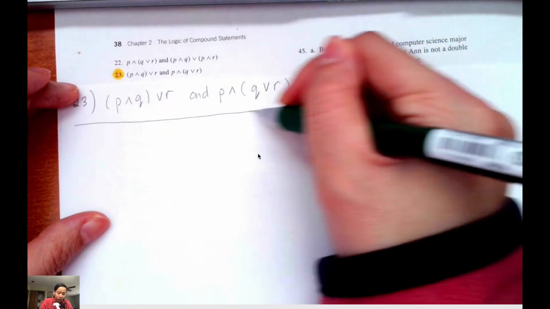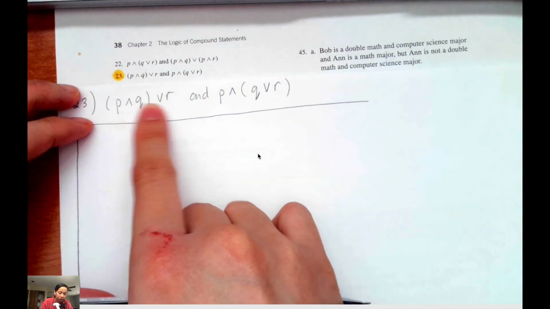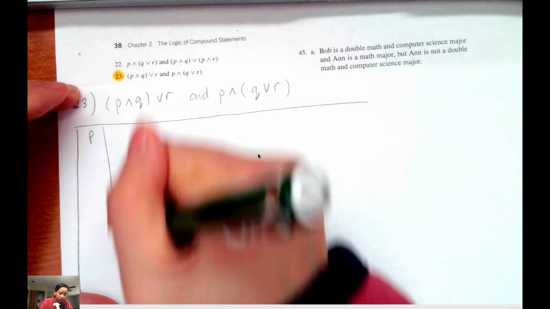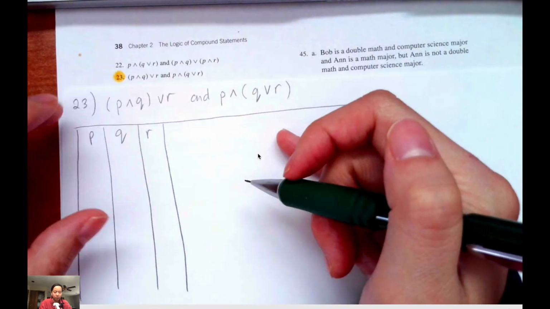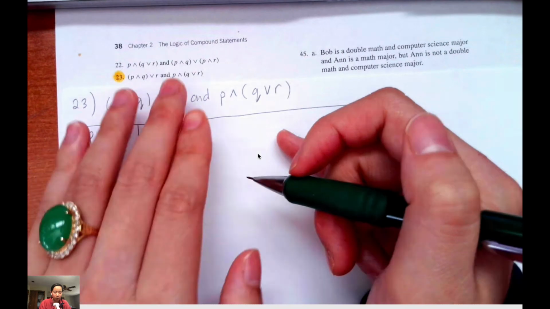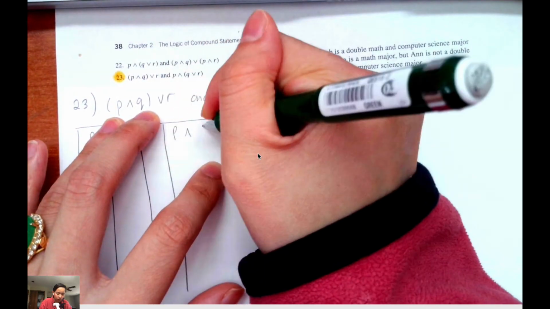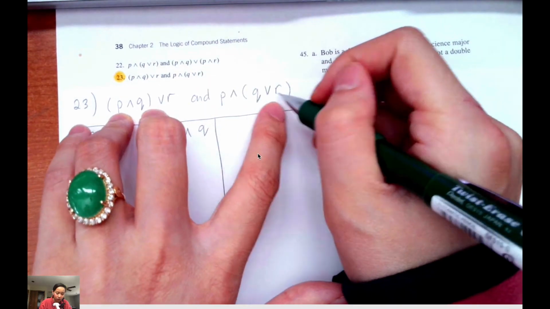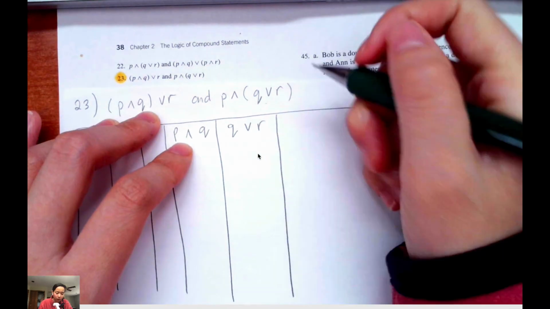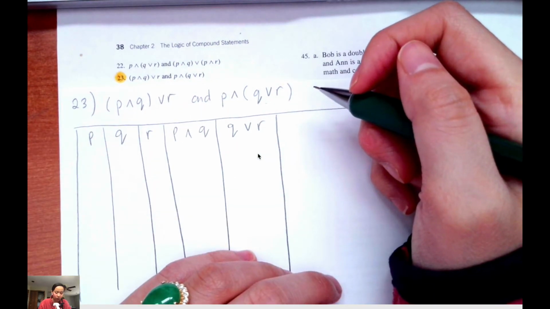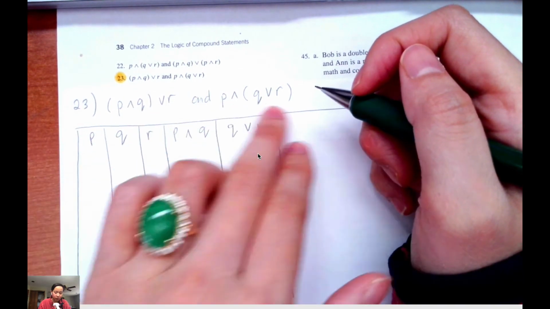So the first thing we want to do is write down all of the variables. We have P, Q, and R. Then we would look at the next most basic component, and we see that in parentheses we have P and Q, and Q or R. And then we have all the parts except for these two statement forms as a whole.